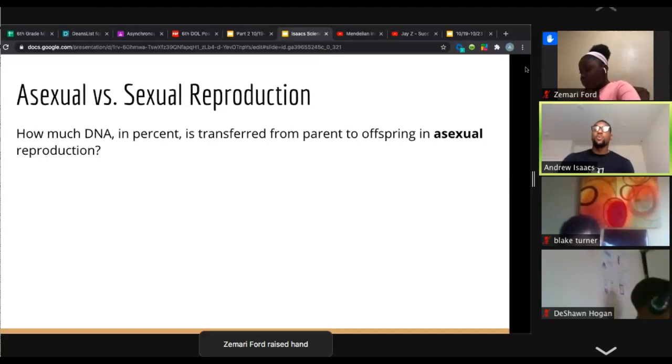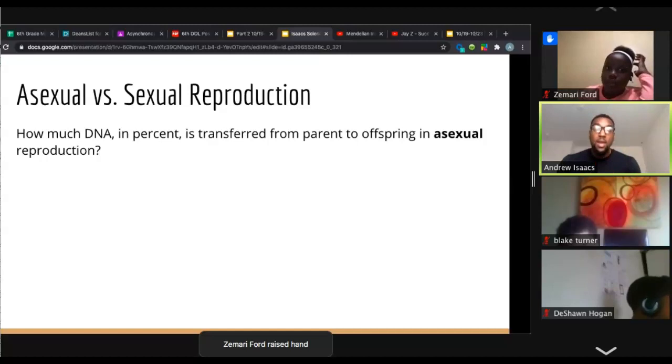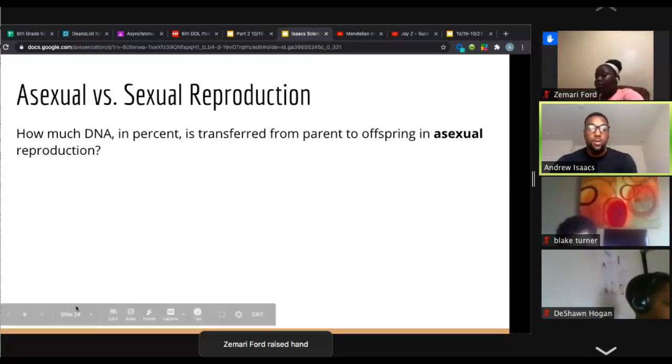So, asexual reproduction is when a single organism makes a new organism by itself, right? So, it makes a copy cell by itself without the help of another parent cell. So, if it's making a copy, what percent of its DNA is being transferred, right? If it's making an exact copy, how much of the DNA is being transferred from a parent cell to an offspring? Is it 50%?